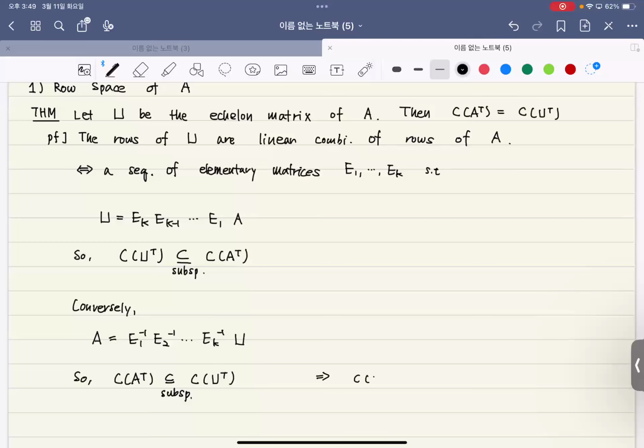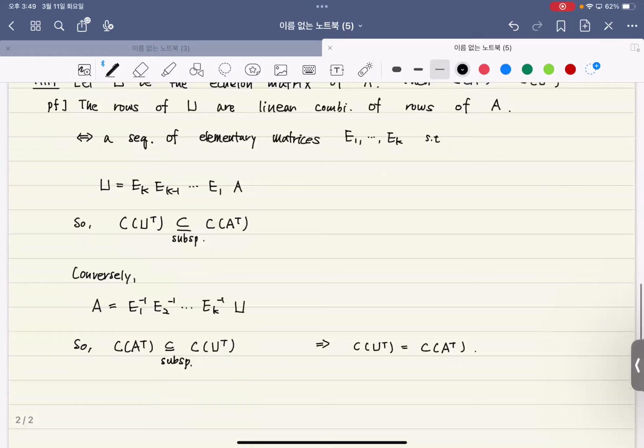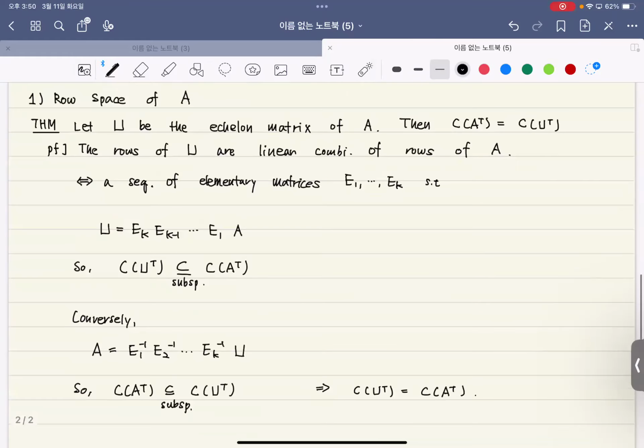Therefore, those two spaces must be the same. Very simple, but very useful fact.